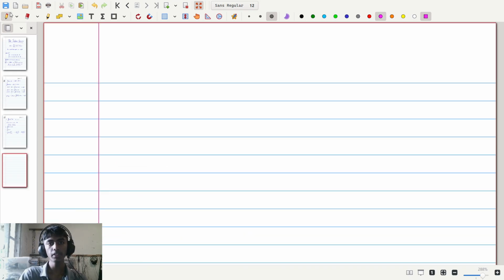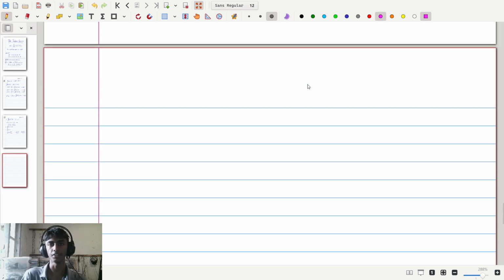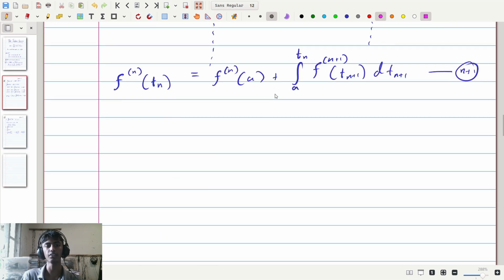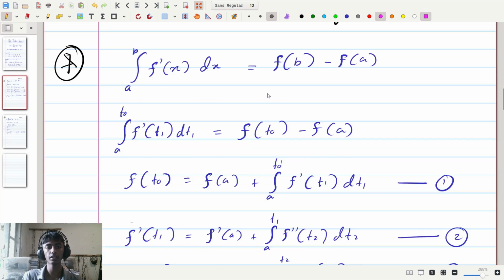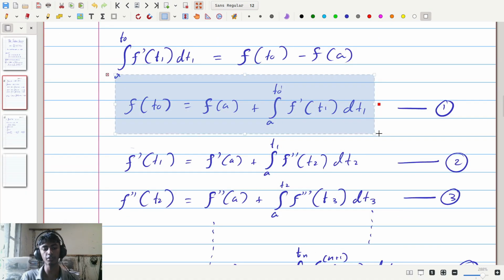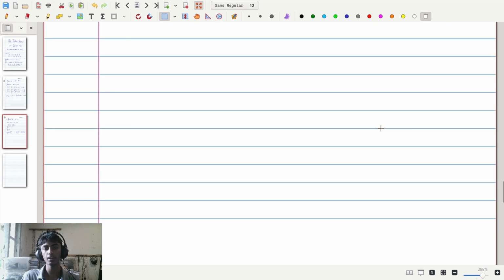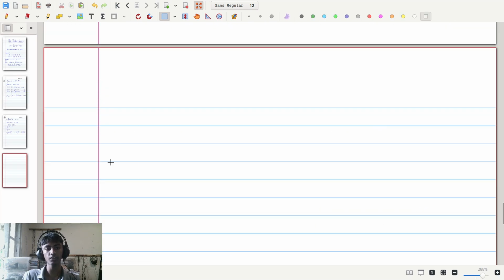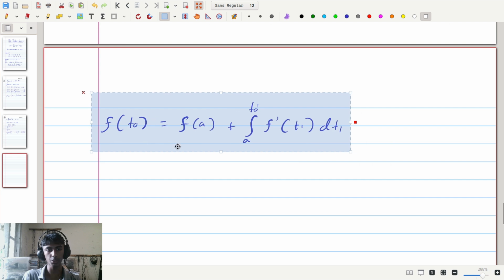So now that we're done with the lemmas, let's go to the actual derivation. The actual derivation goes like this. We are going to be taking this first lemma's first equation over here, saying that f(t0) is going to be equal to this stuff on the right here. We're going to take it down. What we're going to do is into this equation, we're going to substitute the second equation.